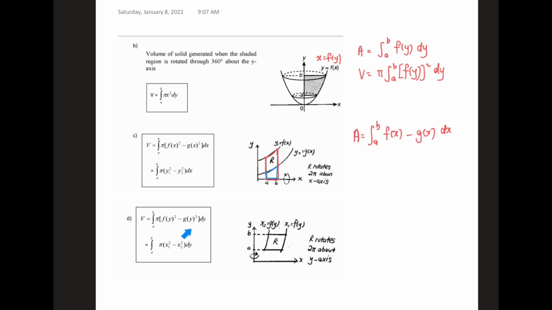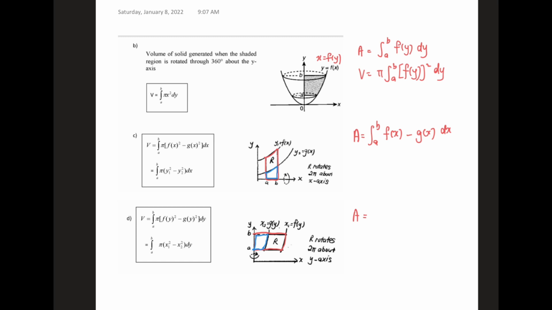Okay. Now last one. So let's see this situation. This shaded region R revolves about the y-axis. So everything is in terms of y. Let's say we talk about the way to find the area. If you want to find the area, you have to take the red one minus the blue one, the blue region.